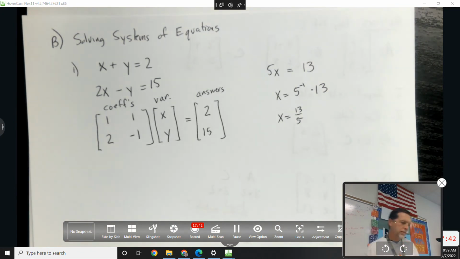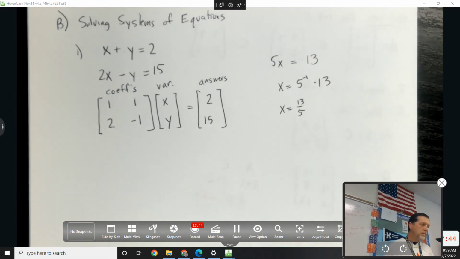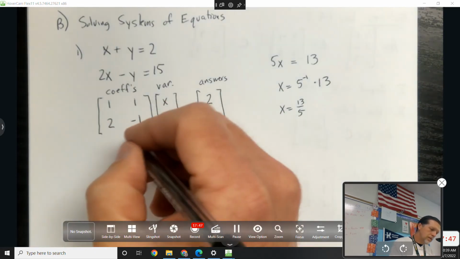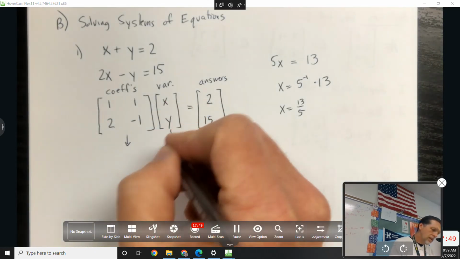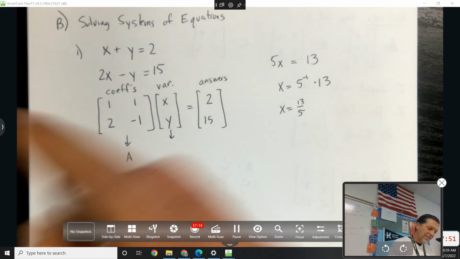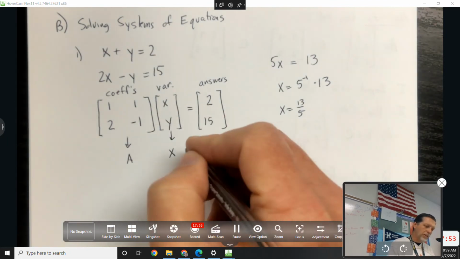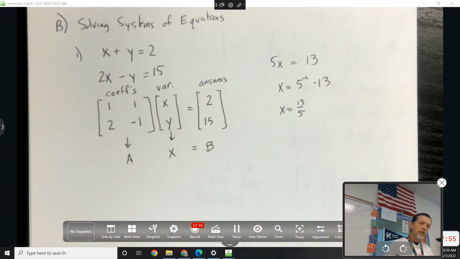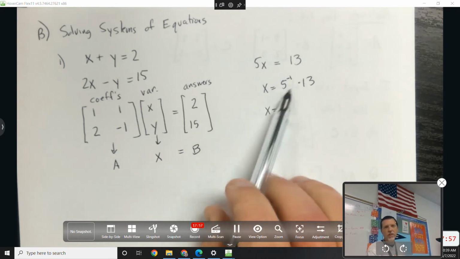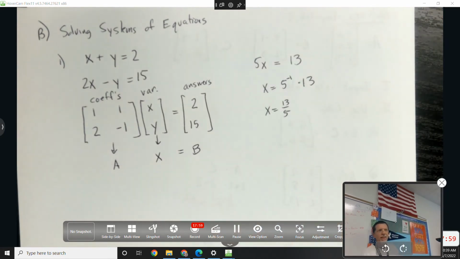And how do you get x and y in there? Oh, you don't. That's a good question. How do I get x and y into a calculator? You don't. Just like when you're using a calculator to solve 5x equals 13, x never goes into the calculator. Into the calculator goes 13 divided by 5.